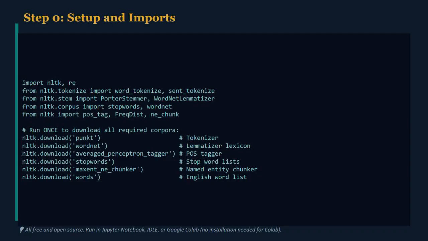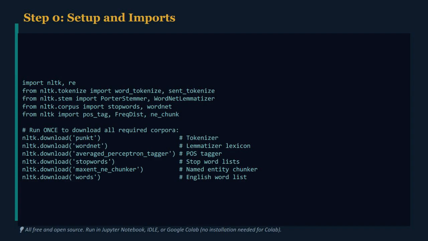So step 1, tokenization. Let us begin by showing exactly why simple space splitting is not enough and what NLTK does differently. First of all, import NLTK. How will you do it? Import it from nltk.tokenize.